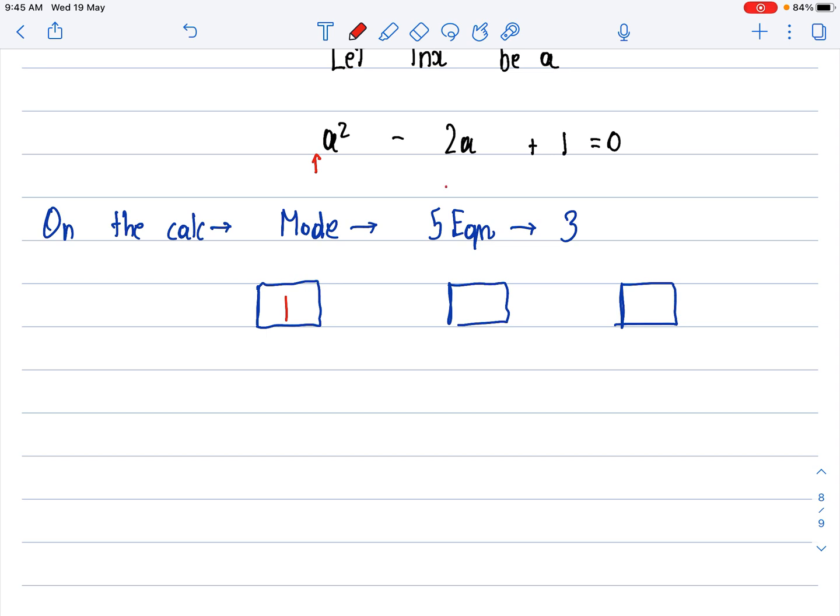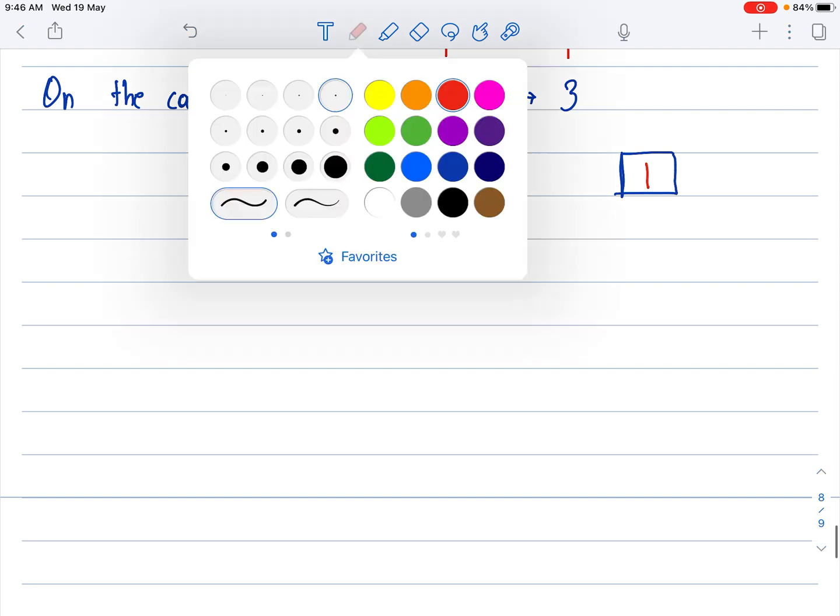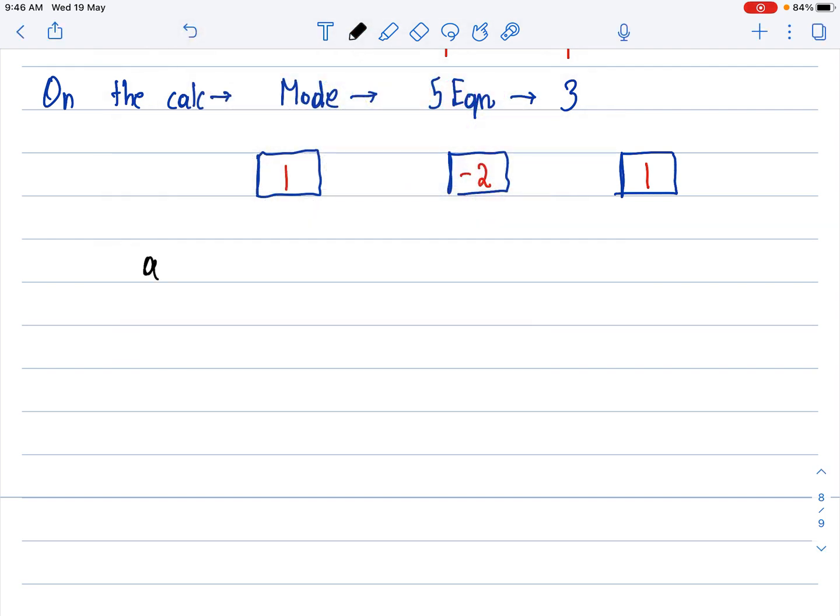In the second box, put -2, which is the coefficient of a. And in the last box, put 1, which is the constant. Then click on equal to, and you get your a as 1. You only get one variable.